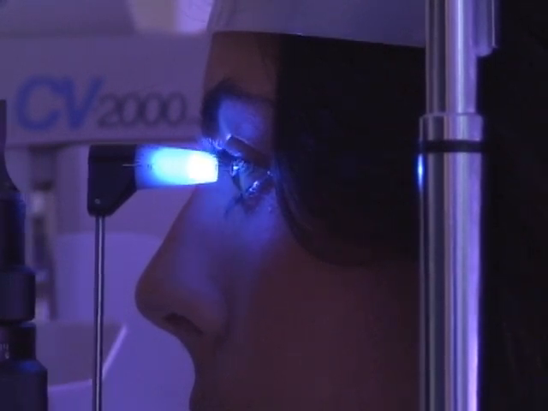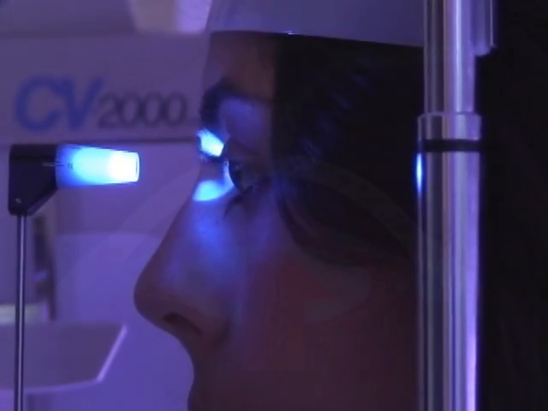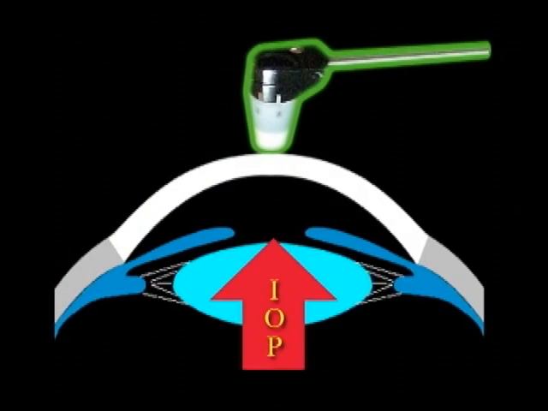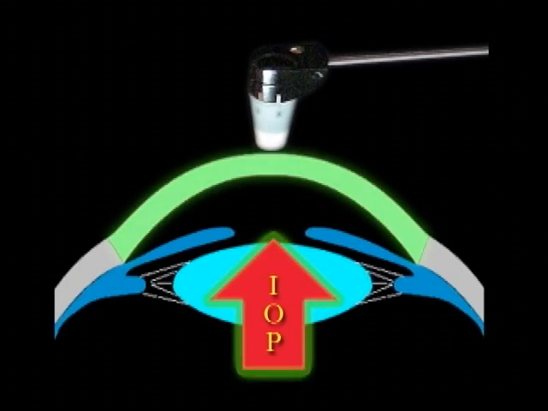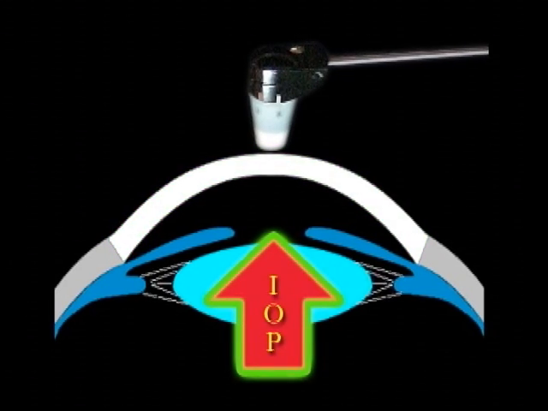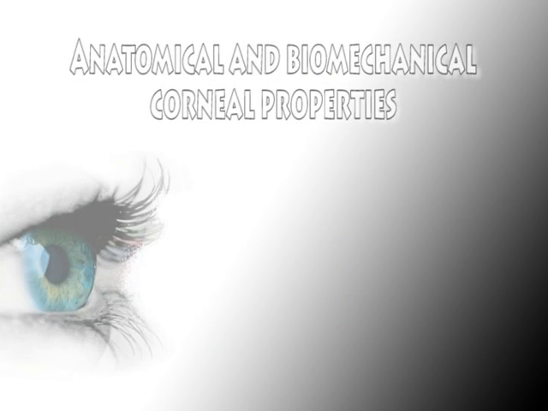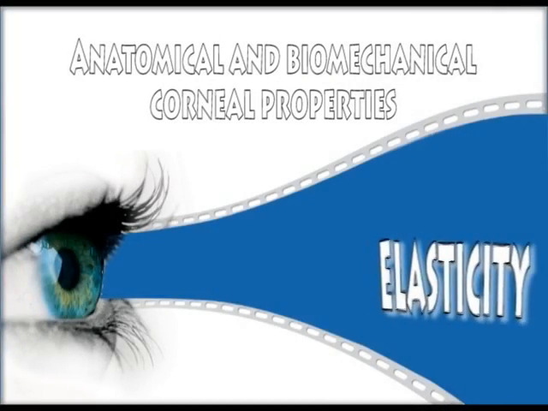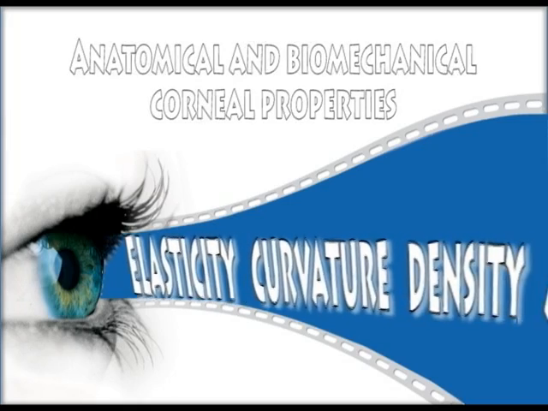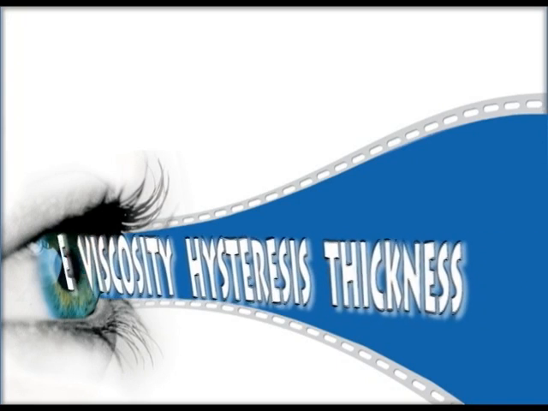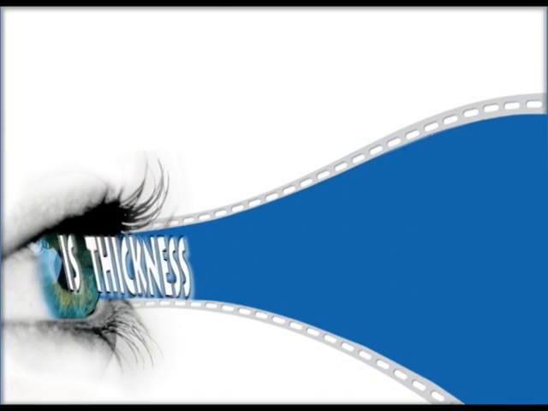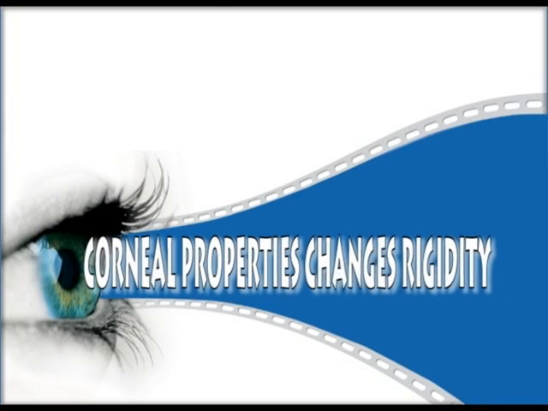To achieve this, the Goldmann tonometer must overcome two principal obstacles: the resistance of the cornea, and the resistance of the eye's own intraocular pressure. Today, doctors all over the world discuss the dependability of Goldmann's tonometer in reference to corneas that may present any type of modification in their anatomical or biomechanical properties.